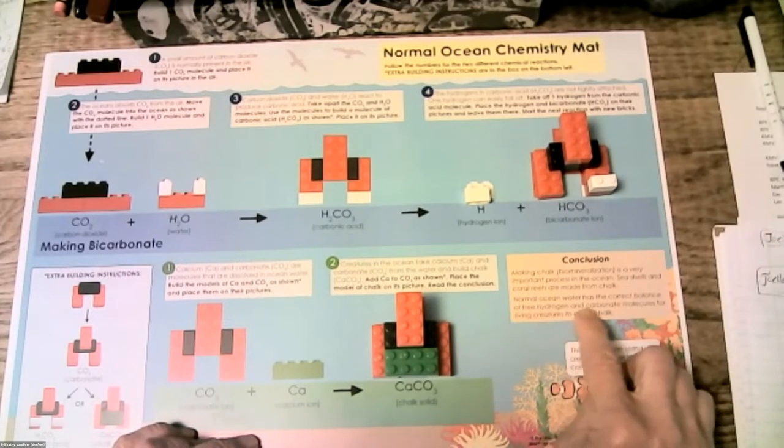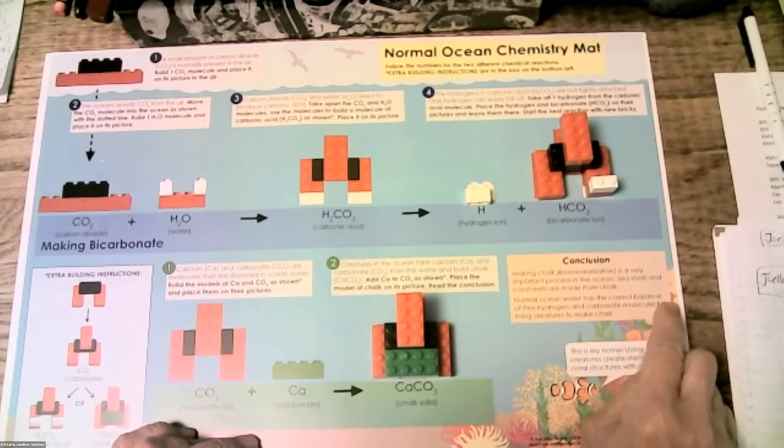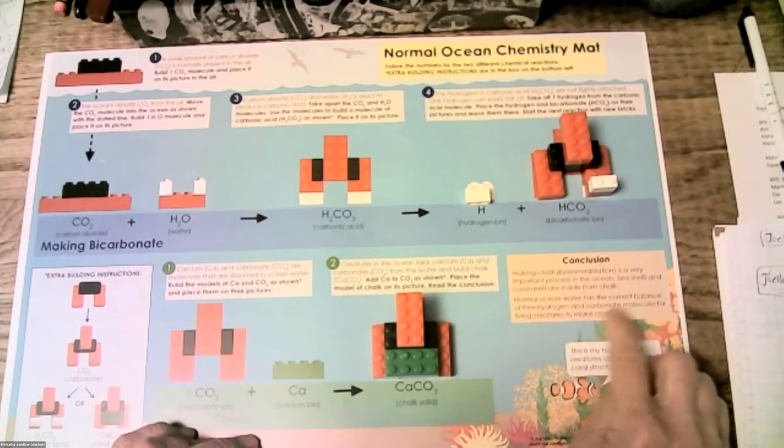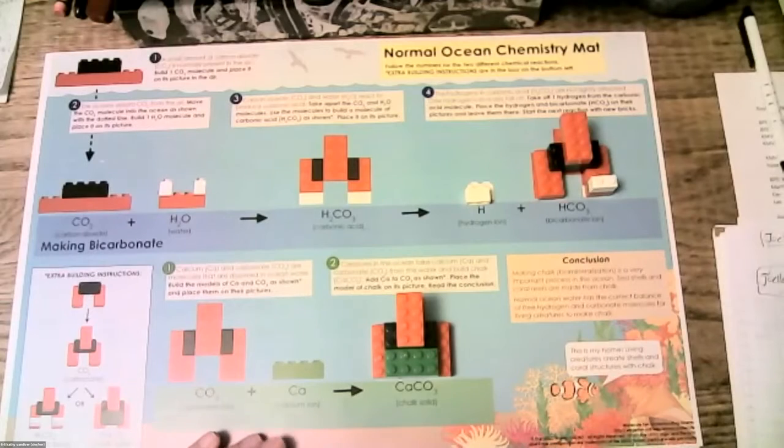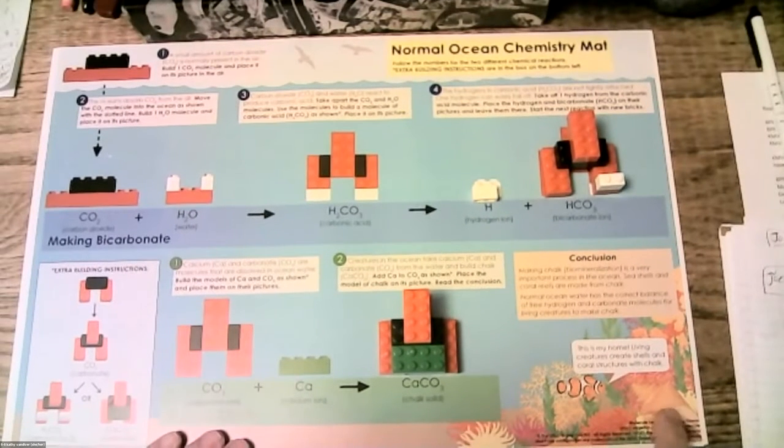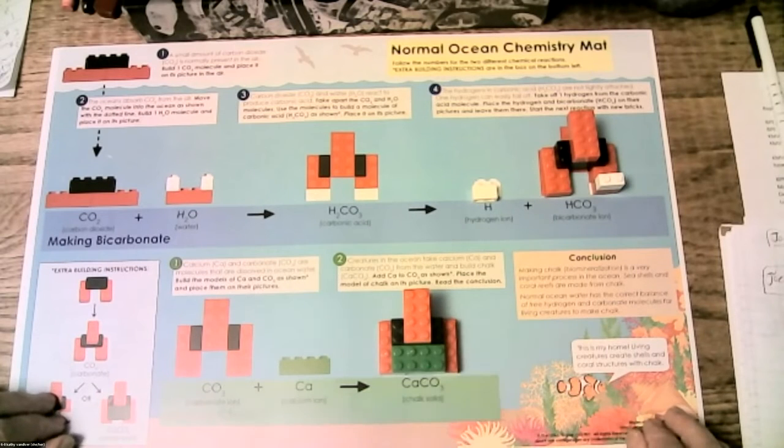But normal ocean water has the correct balance of free hydrogen and carbonate molecules for living creatures to make chalk. So chalk is really adding up to making shells and coral reefs, and you can see that Nemo here is really very happy with all the chalk that's created in the ocean.